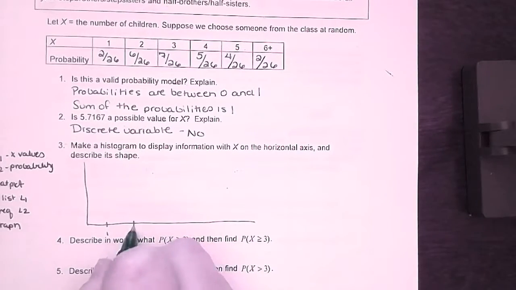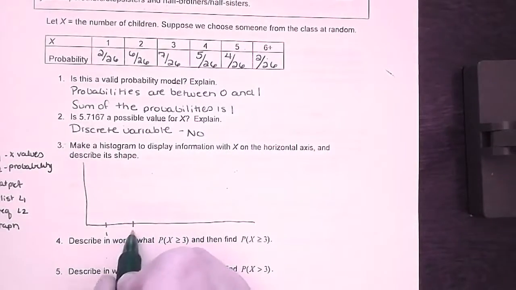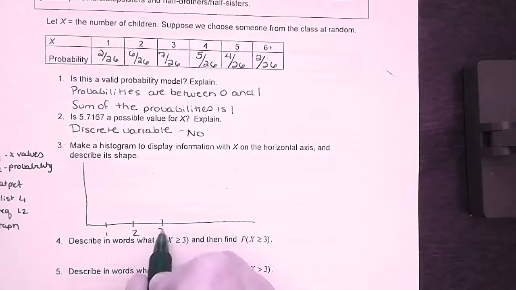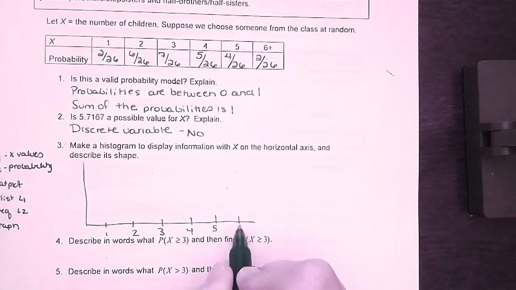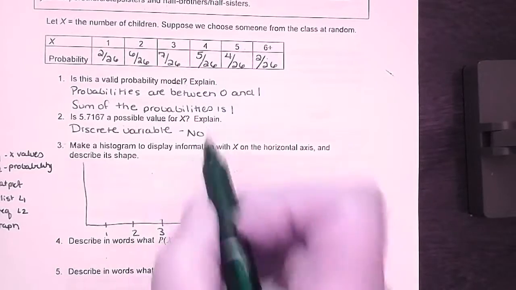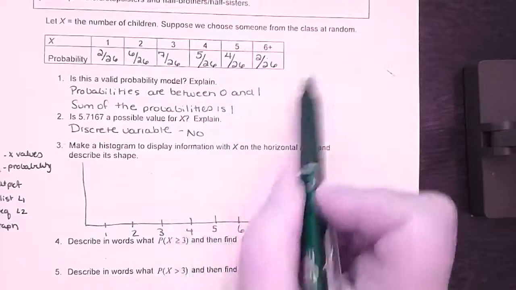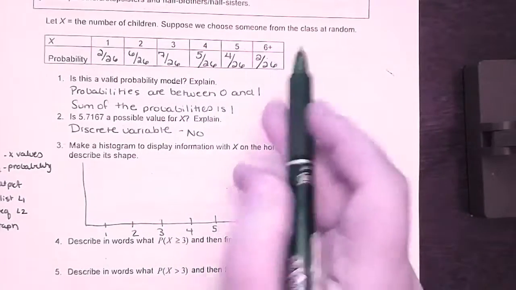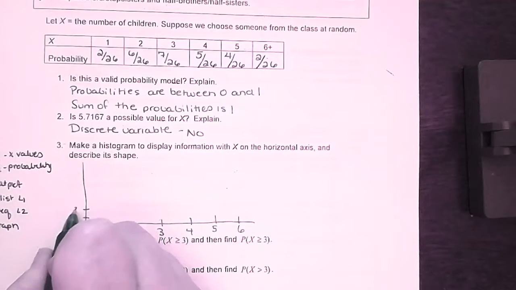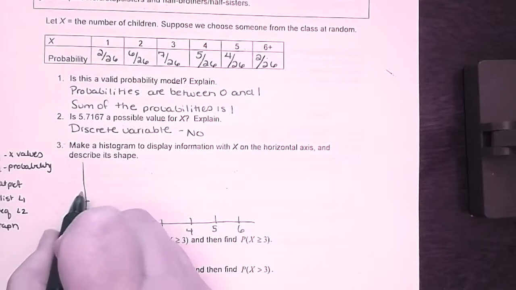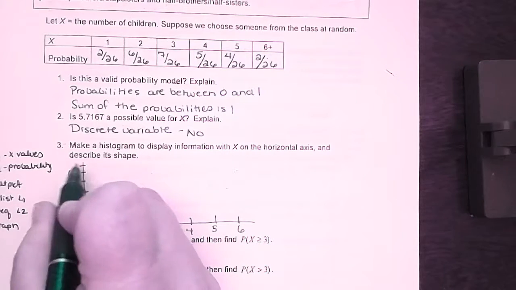There are between 1 and 6 children, so I have 1, 2, 3, 4, 5, and 6. The maximum number of people with a certain number of children was 7, so the axis goes up to 7.